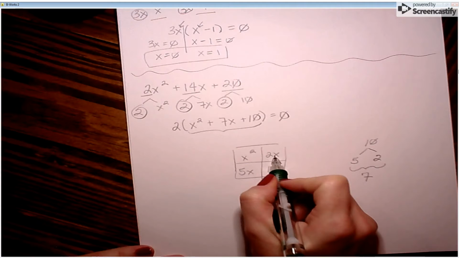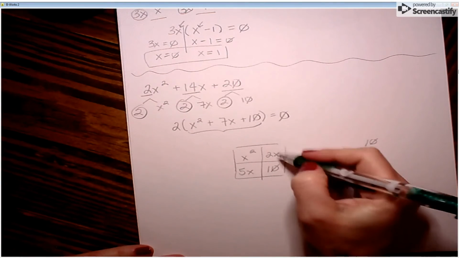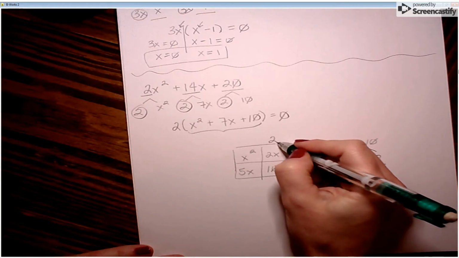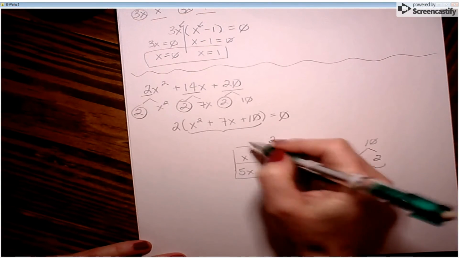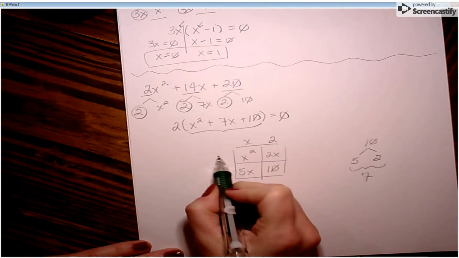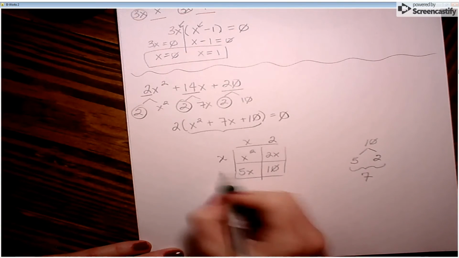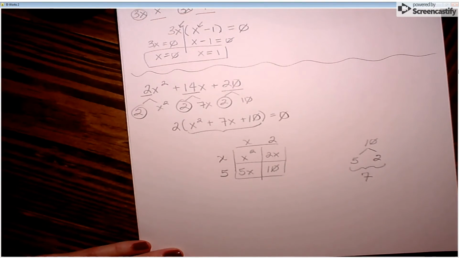To get from the inside out, we need to do our greatest common factor. Between 2x and 10 would be 2. Between x squared and 5x would be x. Between x squared and 2x would be x. And between 5x and 10 would be 5.